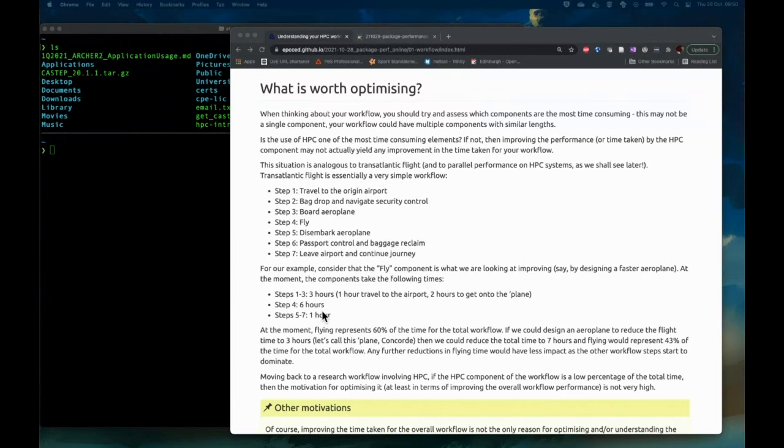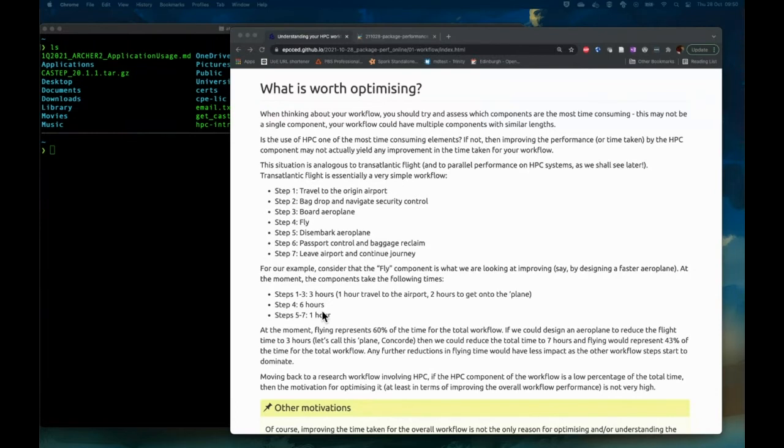So if we think back to our workflow involving HPC, if the HPC component of the workflow is a low percentage of the total time, then the motivation for optimizing it, at least in terms of improving the overall workflow, is not very high.